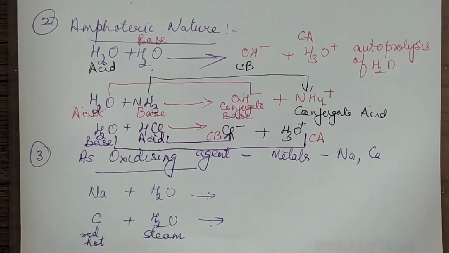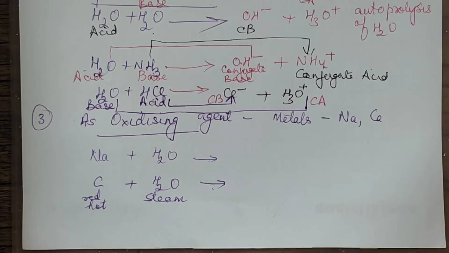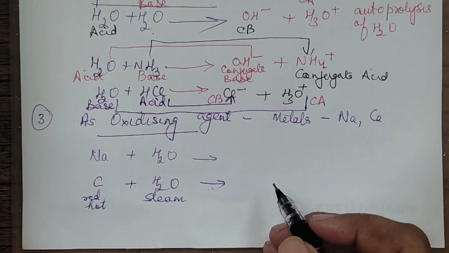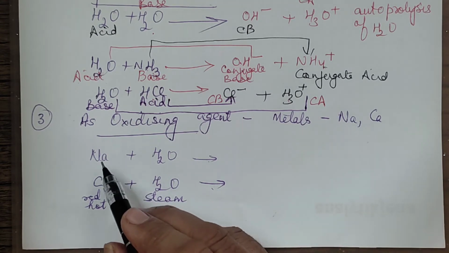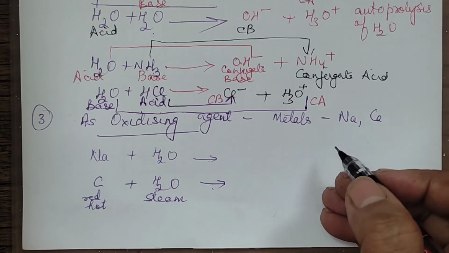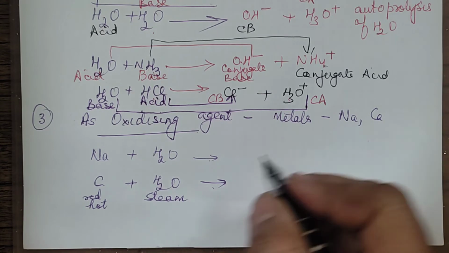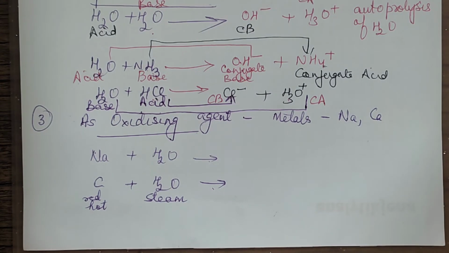Now, we move on to the next property, that water can act as oxidizing as well as reducing agent. So first we are taking those examples where water is acting as an oxidizing agent. Say sodium. Water can react with these metals, or it can react with some non-metals also. With metals like sodium, calcium, with some non-metals like carbon, red hot coke, etc., it can carry out the oxidation.